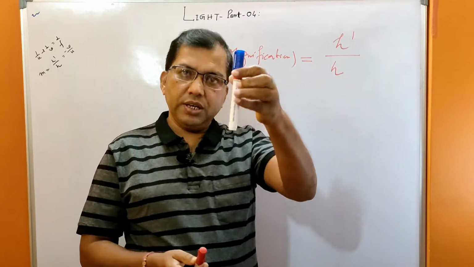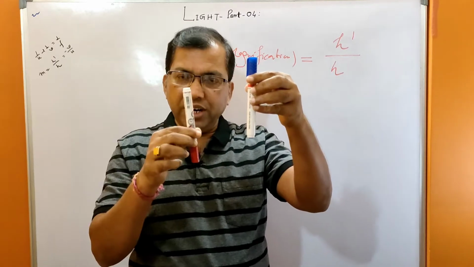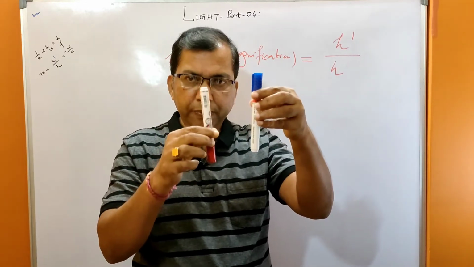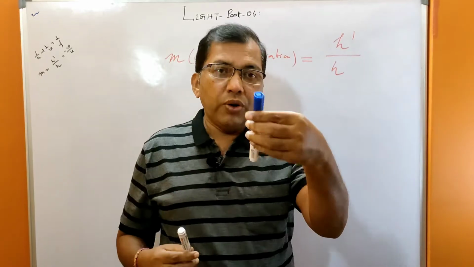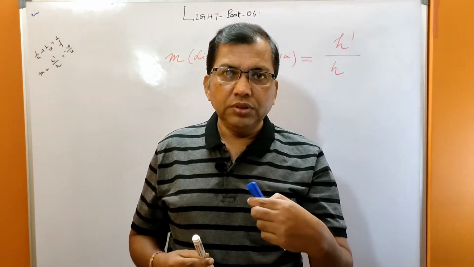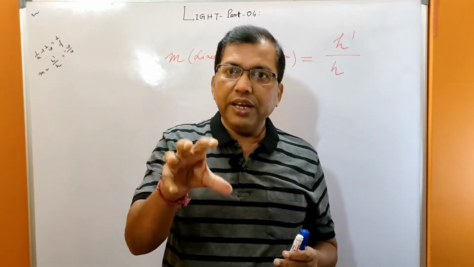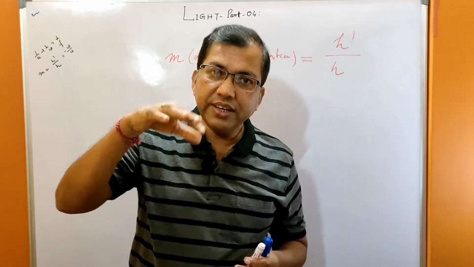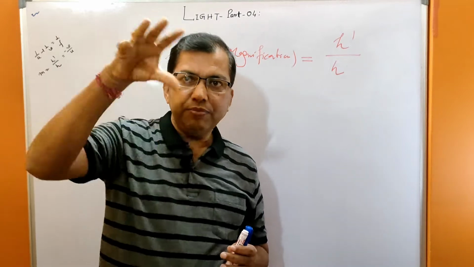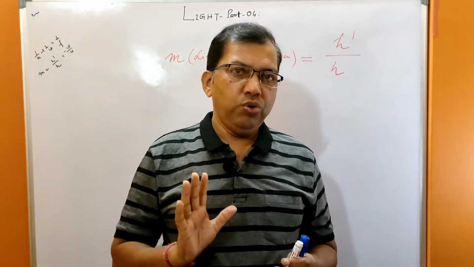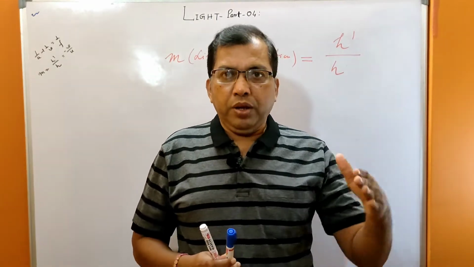Clear? Negative magnification means a real image. Inverted means real, erect means virtual, as we have discussed earlier.